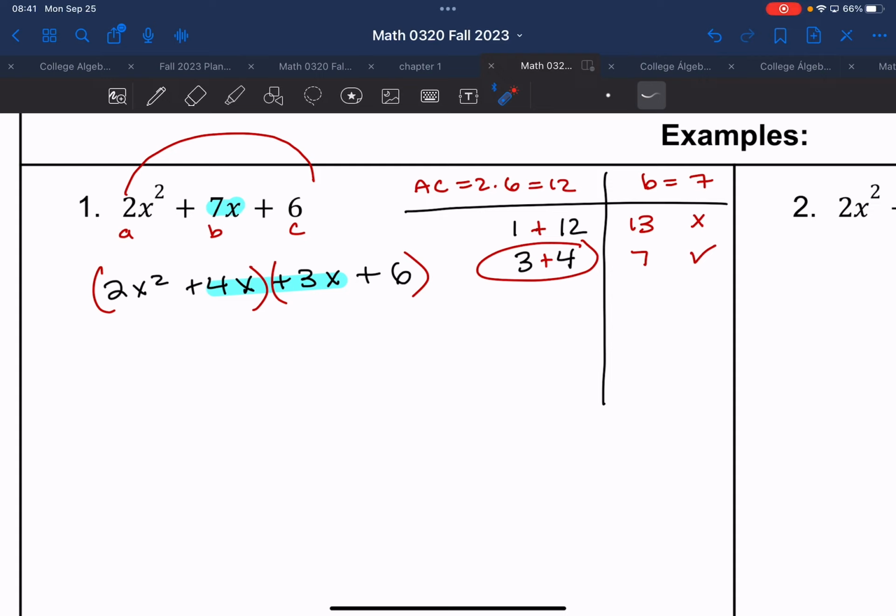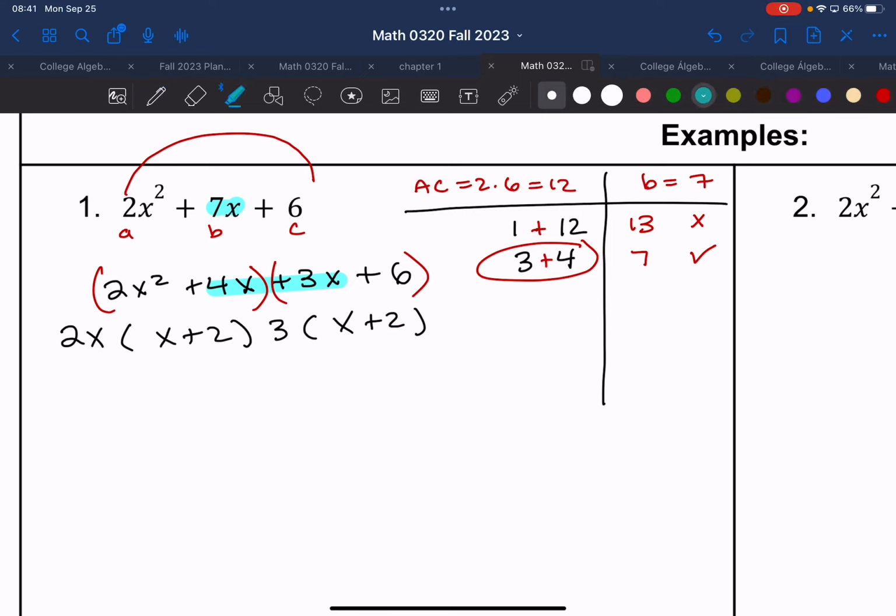So now going back to my factor by grouping, I'm going to be taking the GCF out of the first parentheses, and that GCF is going to be a 2x. And I'm going to be left with x plus 2. And then the GCF of the second parentheses is going to be a 3, and I'm left with x plus 2. What do we remember when we did factor by grouping?